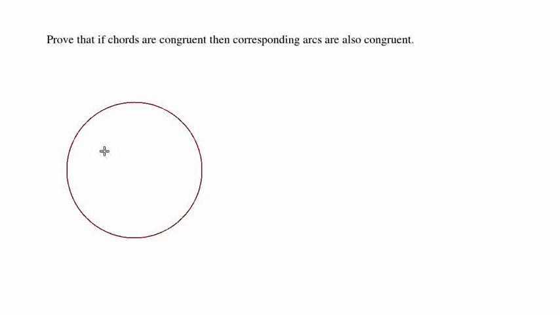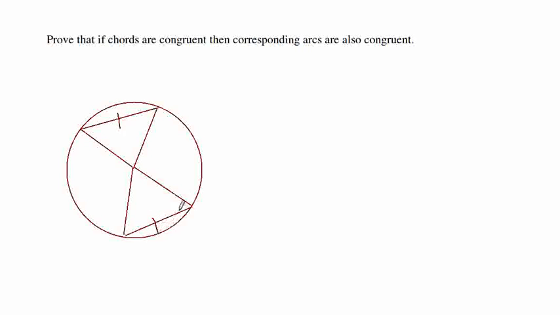So let's see, I need to make a picture of a circle with two chords that I will assume are congruent. And let me also make a picture of the corresponding central angles. Now, we're assuming that the chords are congruent.